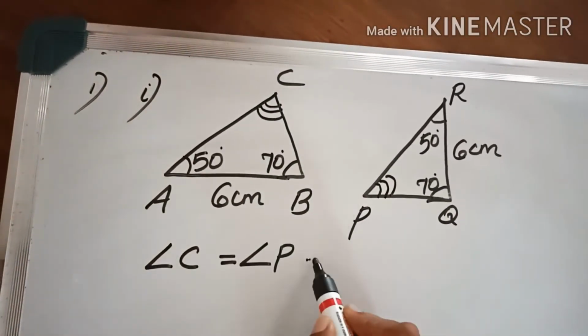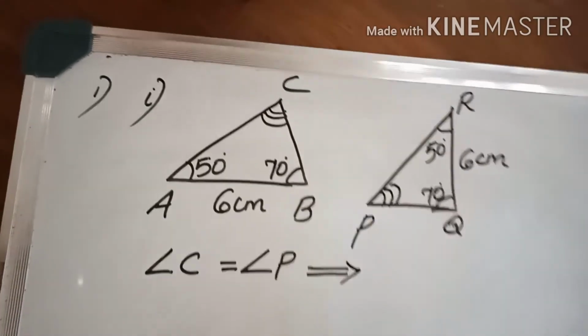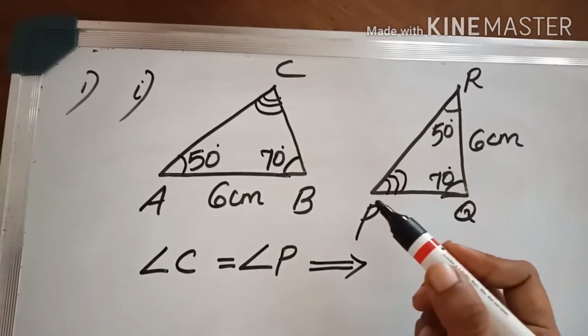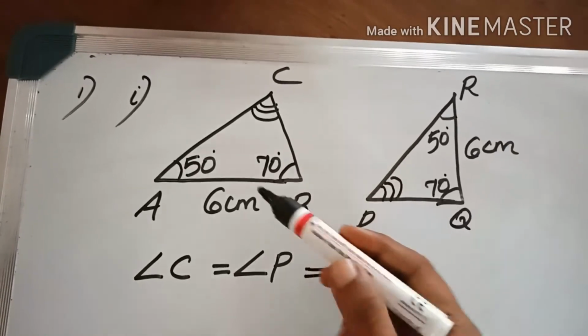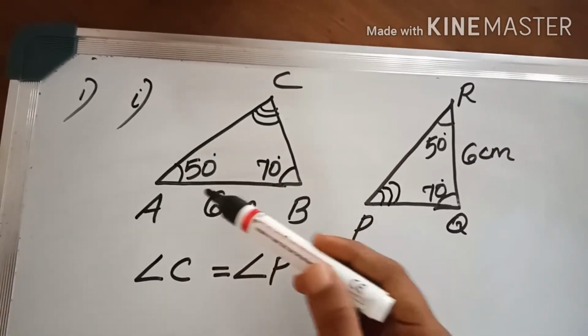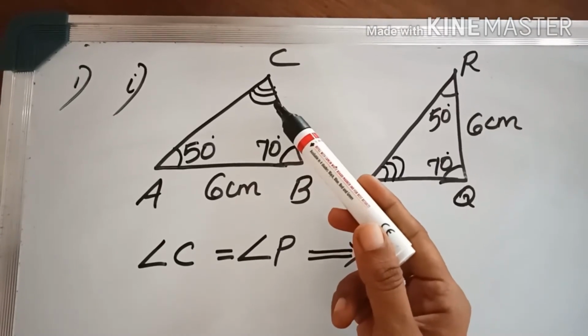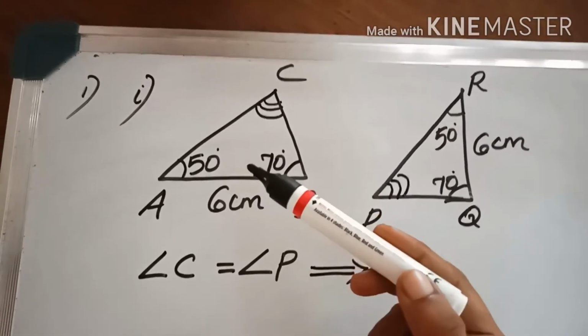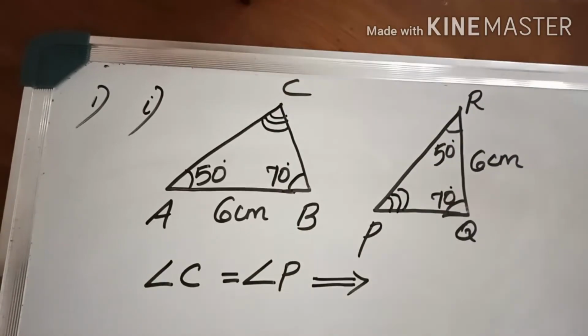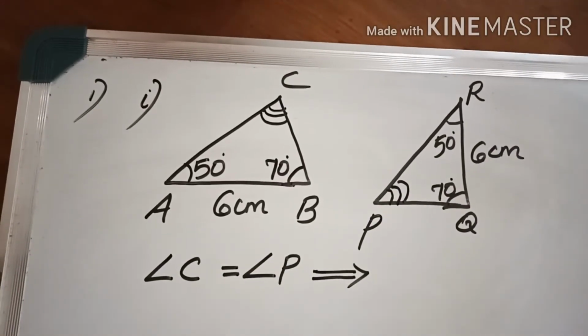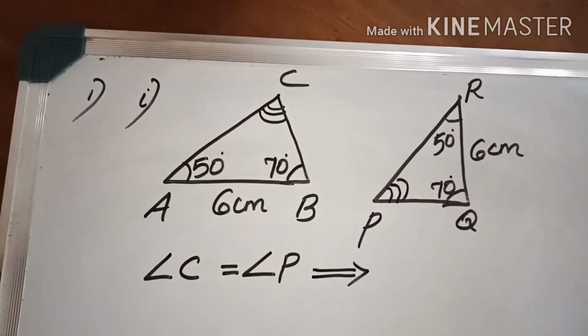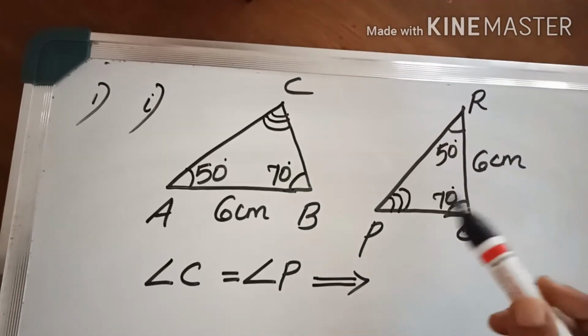Now if angle C equals angle P, what do we know from the concept? Our concept is: if one side and the two angles at its ends are equal, the third angle will also be equal, and the sides opposite to equal angles will also be equal. Don't get confused with the terms.